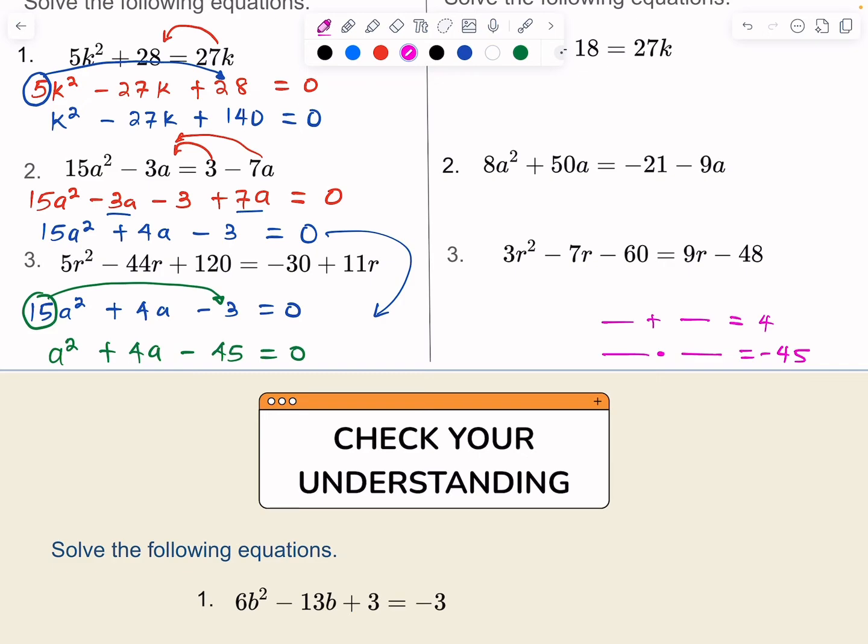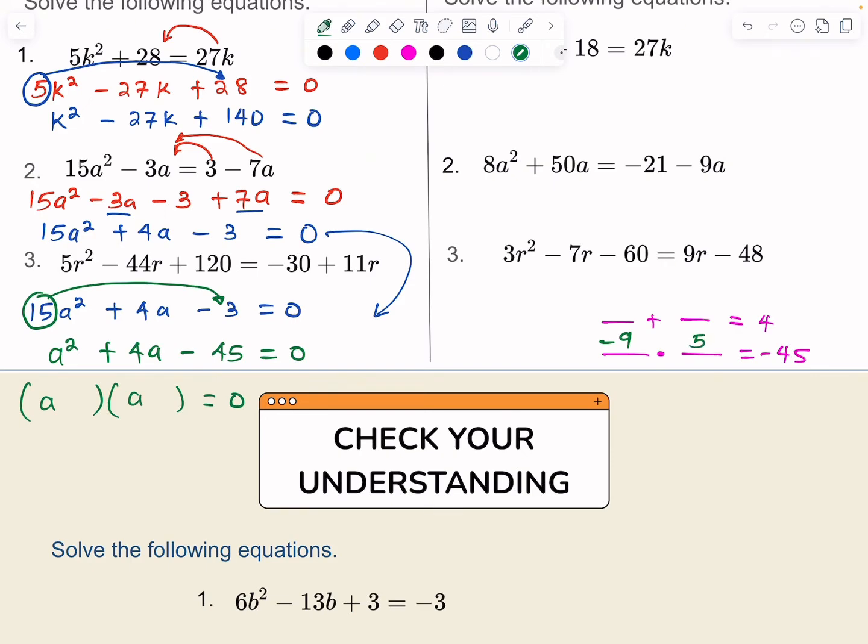Now let me ask you real quick, what do you think those two numbers would be? You pause this video and tell me what you think those two numbers should be. Those two numbers should be 9 and -5.